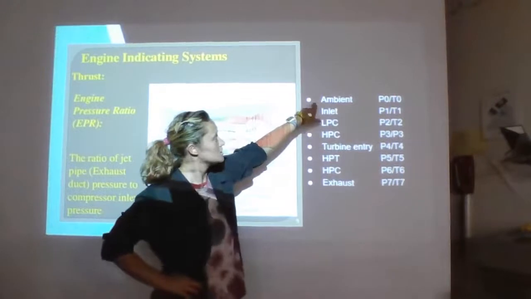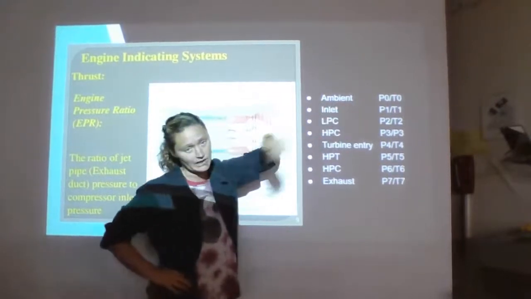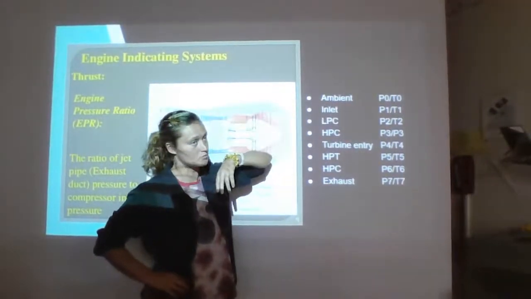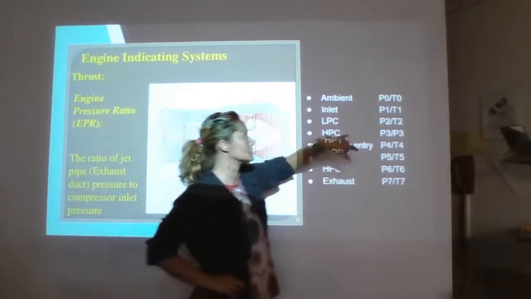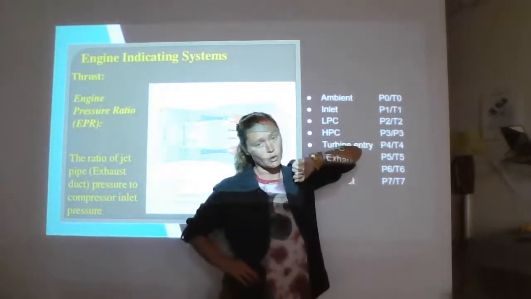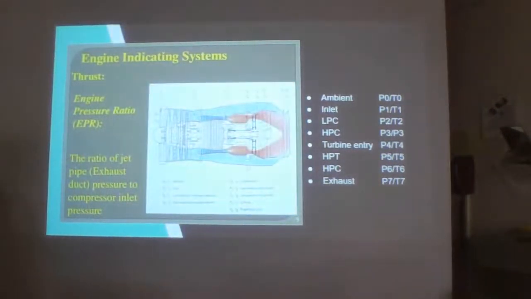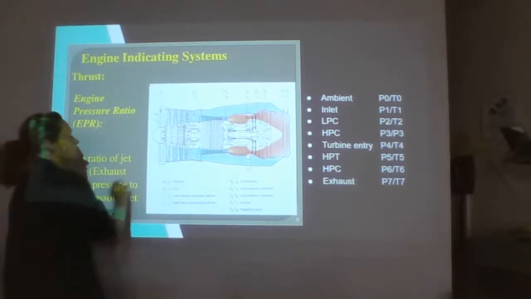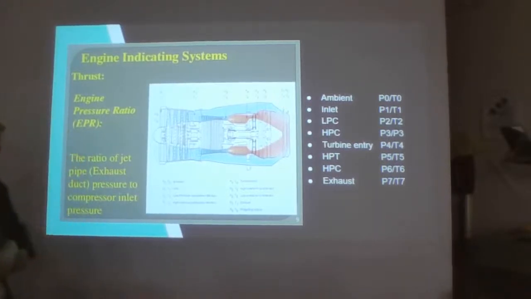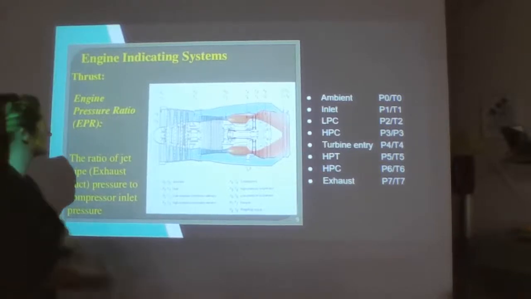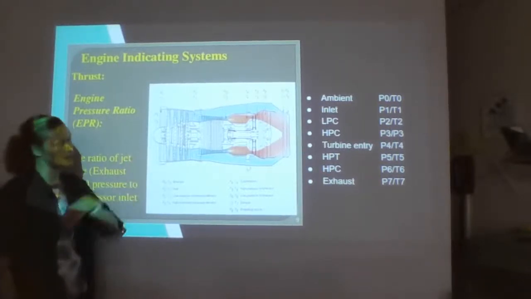How that would be measured or written about in a manual, you will see P0 or T0 or PT0. That stands for pressure, temperature, and the probe number is 0. That's usually measured by the aircraft, not the engine. The engine doesn't measure ambient air because we measure inlet and outlet air.